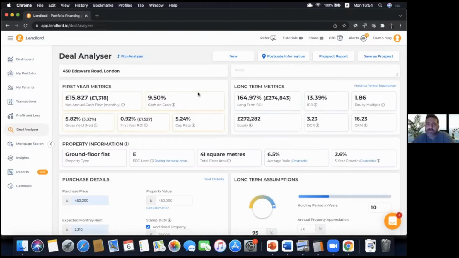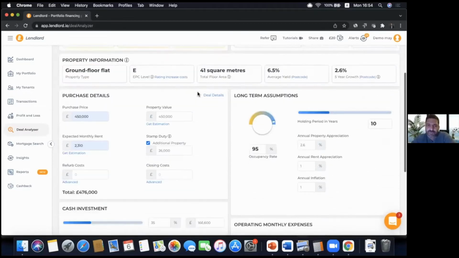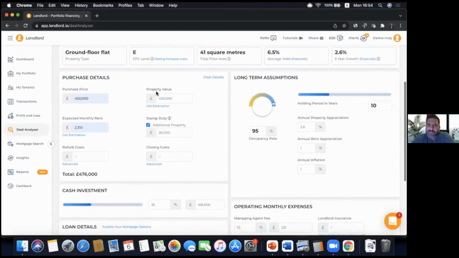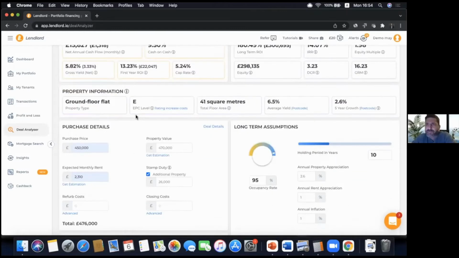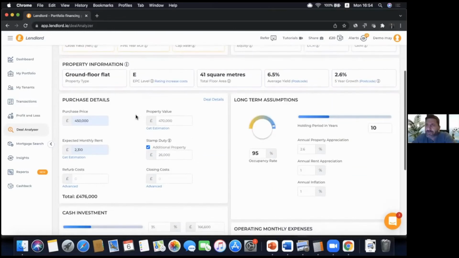So after I enter the initial fields, I'm now going section by section to tweak the data. For instance, in this case, let's say that I might purchase the property under value, so perhaps the actual value is 470. And I can see that it will impact my first year metrics, and also the long-term metrics.